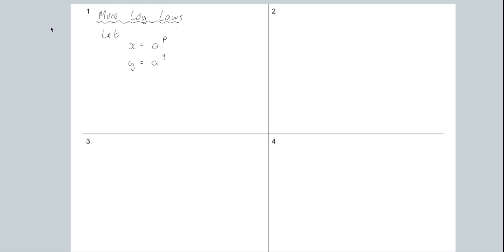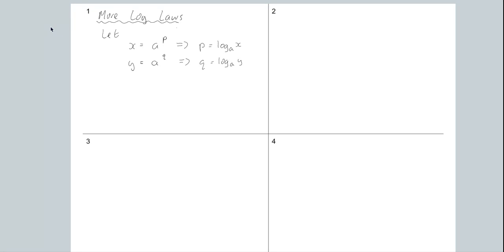X equals a to the power of p would convert to p equals log base a of x. And if I convert the y equation, I would get q equals log base a of y. All right, good so far?